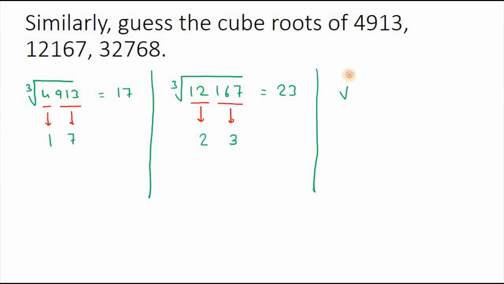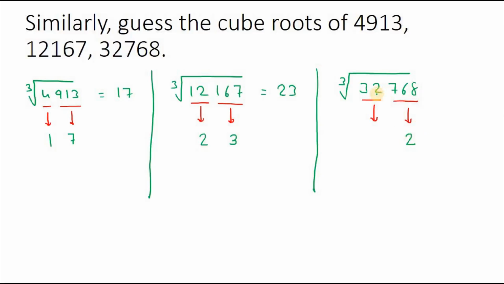Let's take the last sum now. What is given? The cube root of 32,768. So we first marked a group of 3 digits and then 32, right? Now say the last digit is 8. For 8, the cube root will be 2, right? 2 and 8 make a pair.